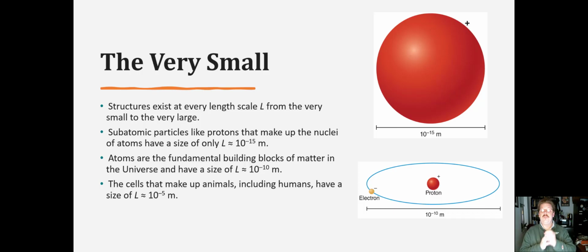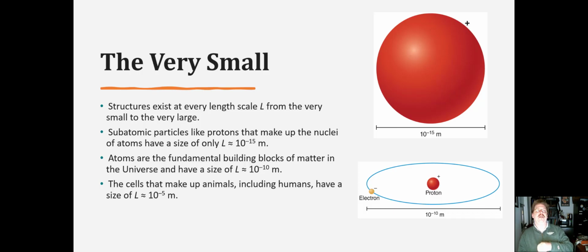Remember, every order of magnitude is basically a factor of 10. 10 to the negative 9 is a billionth. So negative 15, I don't remember what the prefix is, but it's really, really small. When you get down to the orbits of electrons around protons, then you start to get up to 10 to the negative 10 meters. So 5 orders of magnitude larger than a proton.